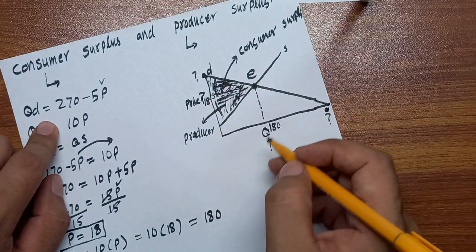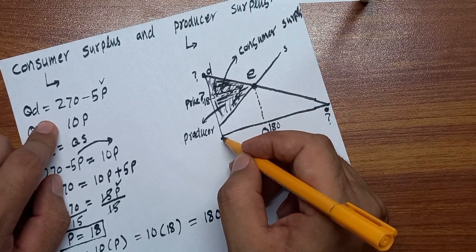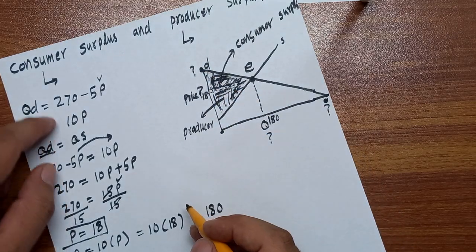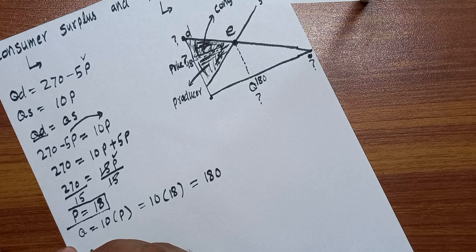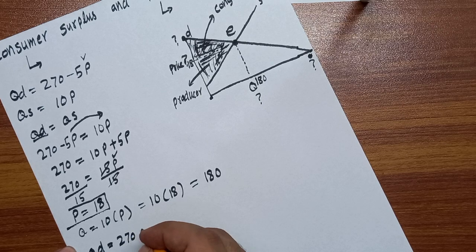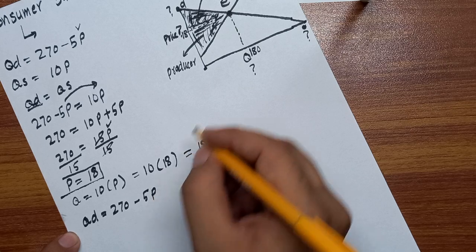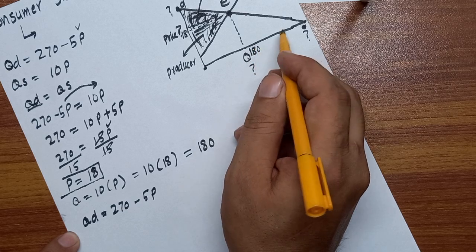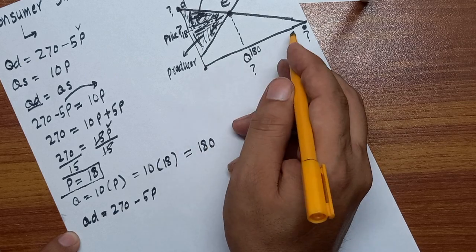Now we will find this point, and we will also find this point. If the quantity is 0, how much do we have for demand? Here we have QD is equal to 270 minus 5P.